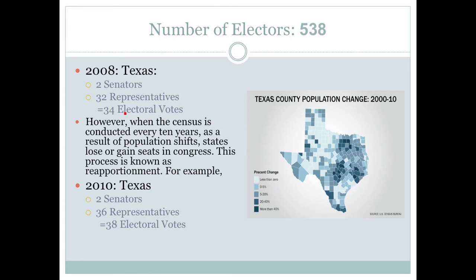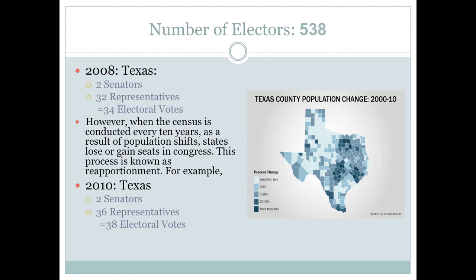Every 10 years, the United States government decides to reapportion, reallocate the 435 representatives into the various 50 states based on those states' population.